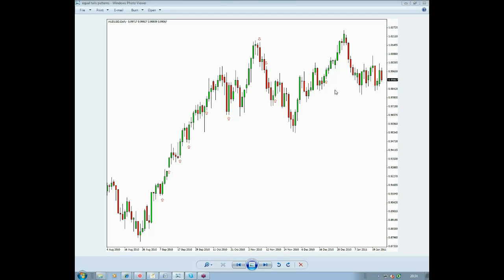Maybe I'm wrong, Merlin, but that's only my opinion. Exactly, Sylvia. On E-mini, it could work much better than on Forex, Merlin, I think.